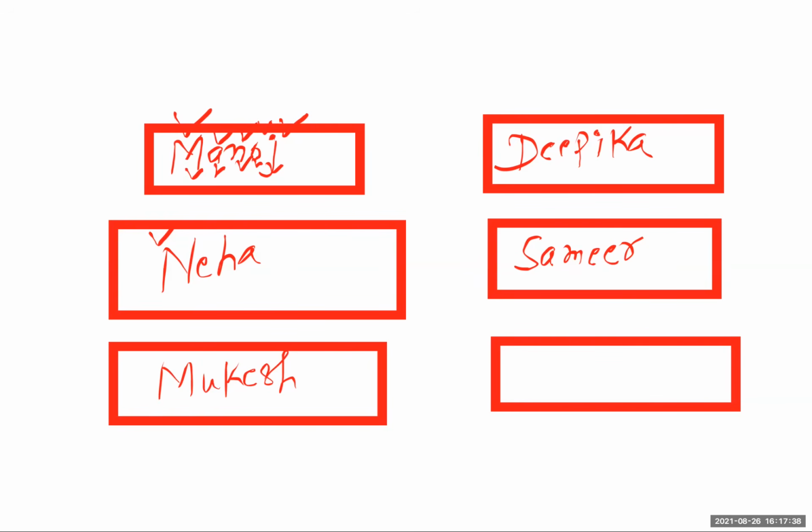We try next one. Samir. S, A, M, A. R is Air, a little long R only. We can write the pronunciation as ER also.